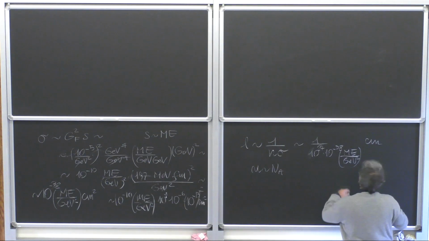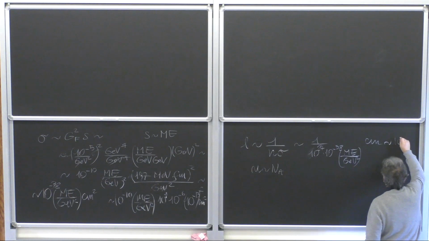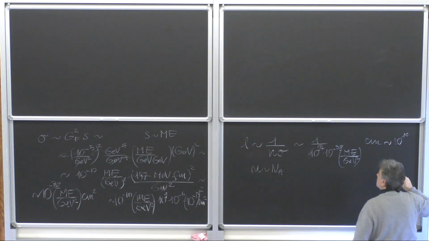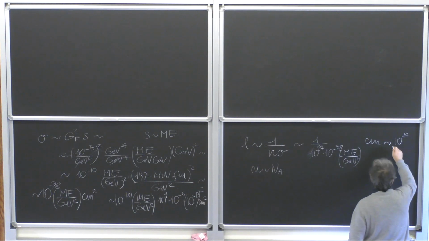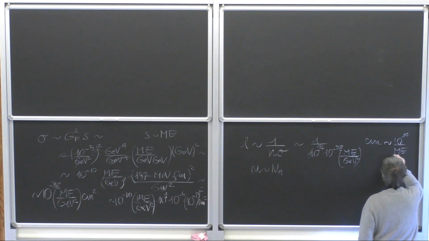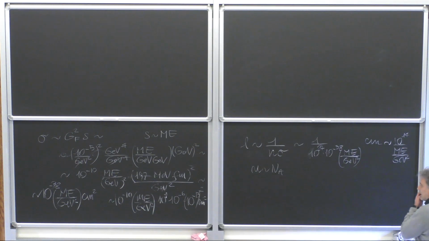So roughly 10 to the 14 for target mass of 1 GeV when the neutrino energy is of 1 GeV.